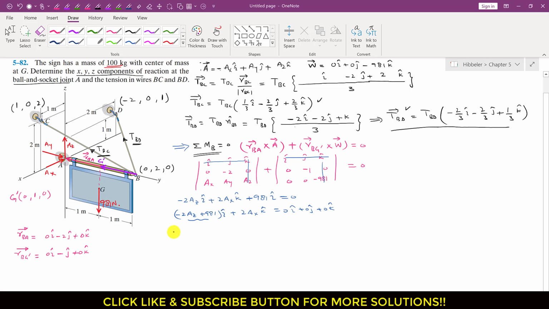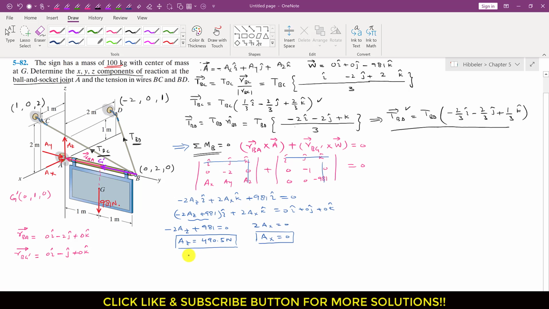From this we can write that minus 2AZ plus 981 is equal to 0, or we can say that AZ equals minus 981 divided by minus 2. If we divide this, this will give us 490.5. So the AZ reaction is 490.5 newtons. Similarly, 2AX is equal to 0, so from this we get AX equals 0.